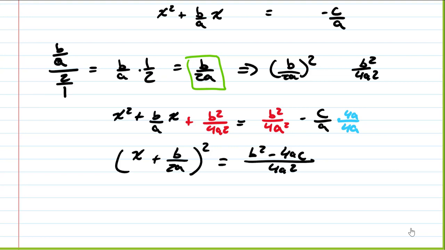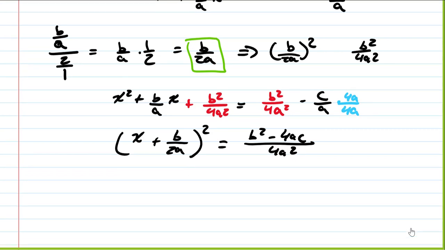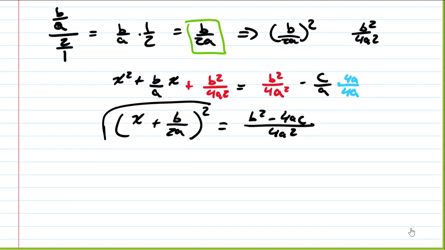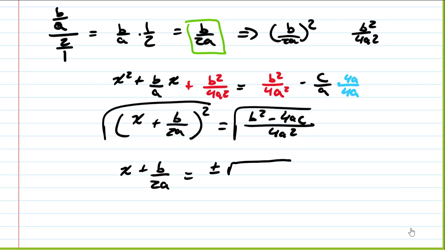And as we notice, it's starting to come into focus here a little bit. If we use our square root property on both sides, we then get x plus b over 2a is equal to plus or minus the square root of b squared minus 4ac, all divided by the square root of 4 is 2, and the square root of a squared is a.